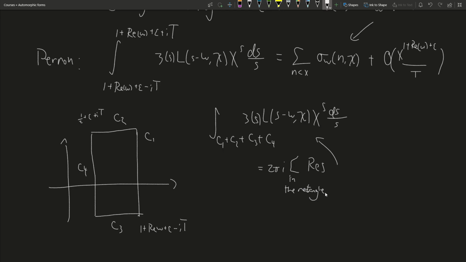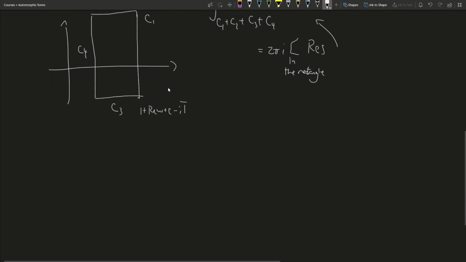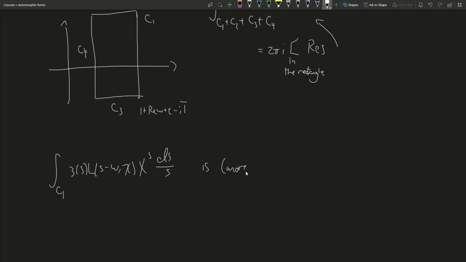Now this integral along C1 of our integrand, zeta of s L of s minus w chi x to the s ds over s, is more or less what we want.